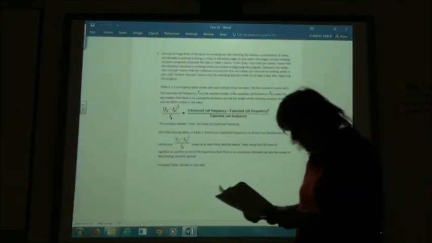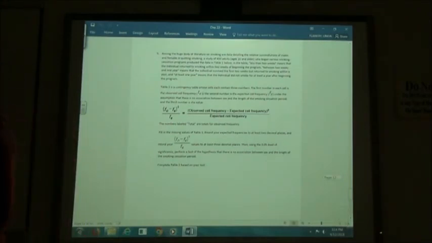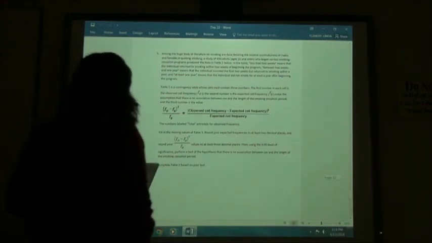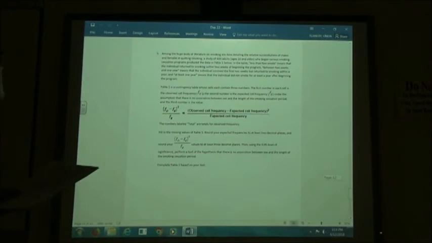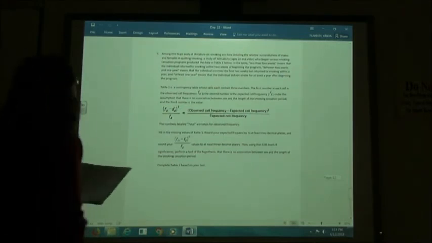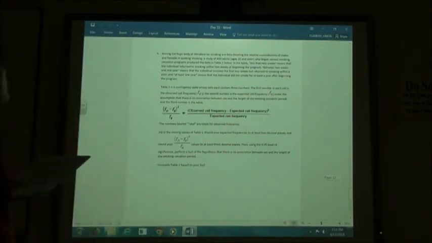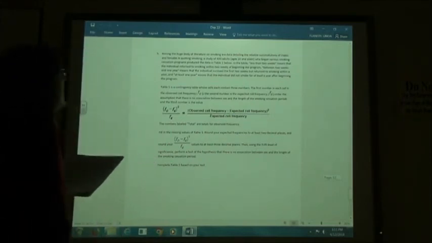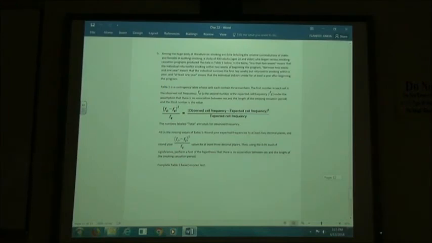One last one on here. Number 9. Among the huge body of literature on smoking are data detailing the relative successfulness of males and females in quitting smoking. A study of 400 adults ages 20 and older who began various smoking cessation programs produced the data in Table 1 below. In the table, less than 2 weeks means that the individual returned to smoking within 2 weeks of beginning the program. Between 2 weeks and 1 year means the individual survived the first 2 weeks but returned to smoking within a year.